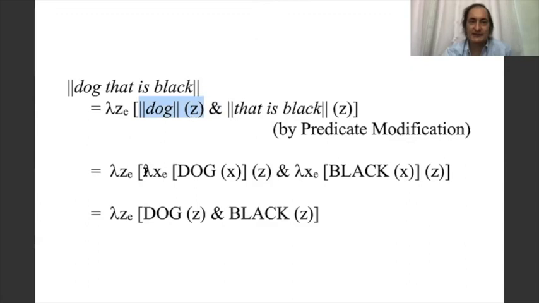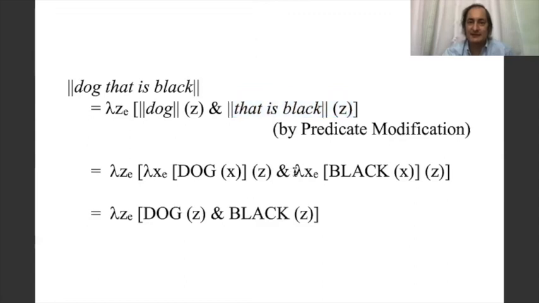We spell out the translation of dog here. We apply it to z by taking the z, substituting for the x, and we get dog of z. We take "that is black." Its translation applies to z.